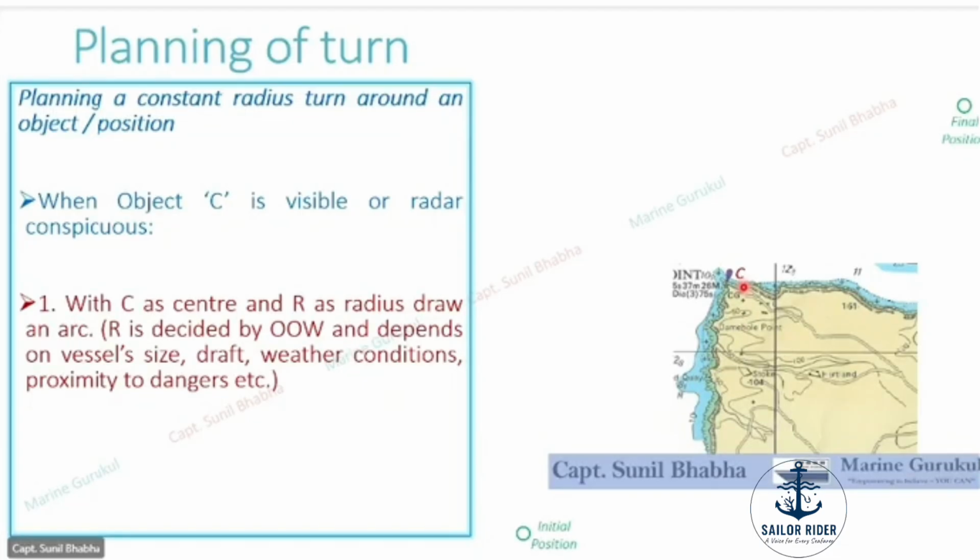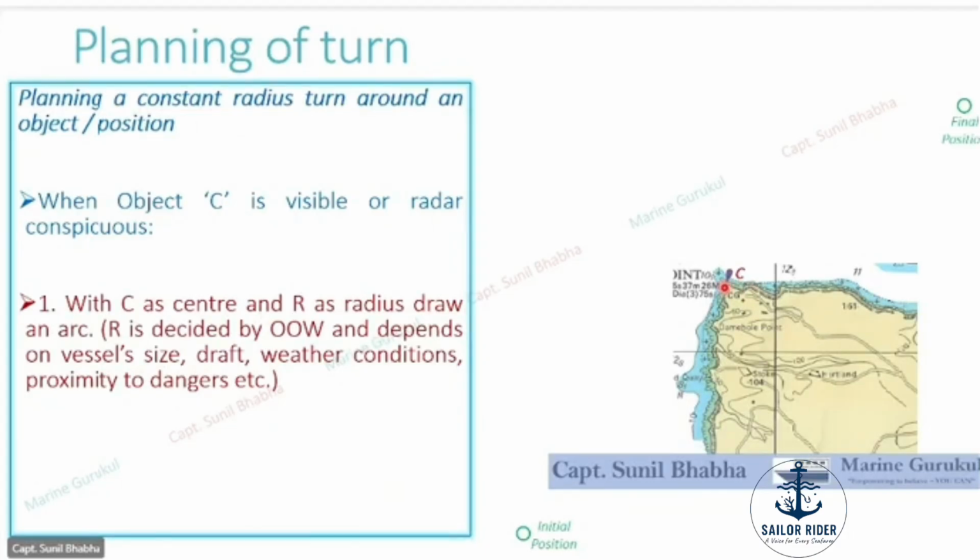Now the navigator will need to decide the radius basis different factors, which will be vessel size, the draft of the ship, what are the weather conditions in this area, is there any proximity to navigational dangers, what is the traffic in this area. So basis all these data items, the navigator will fix up a particular radius which he wants to keep, or you can say he will fix up a minimum distance which he wants to maintain from the land.